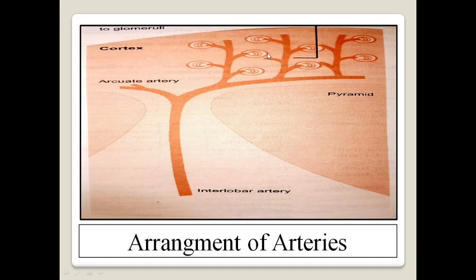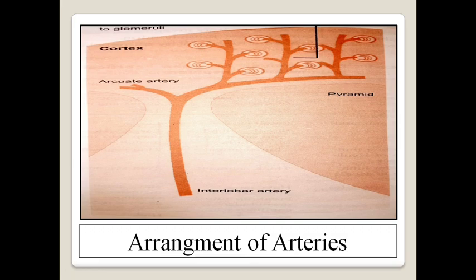So when this efferent arteriole leaves the glomerulus, there are two types of nephron: one is the cortical nephron and the other is the juxtamedullary nephron. After emerging, this efferent arteriole behaves in a different way for the cortical nephron and in a different way for the juxtamedullary nephron.